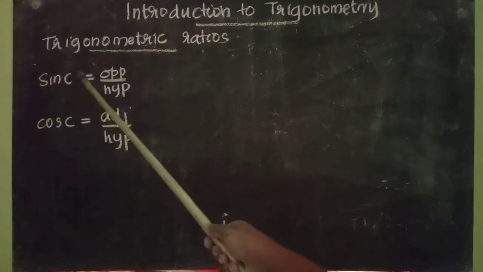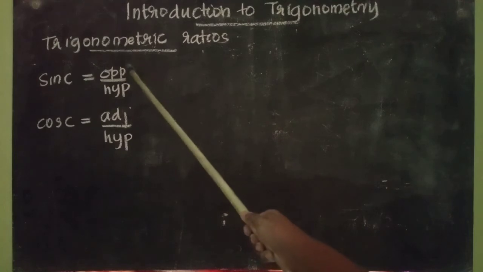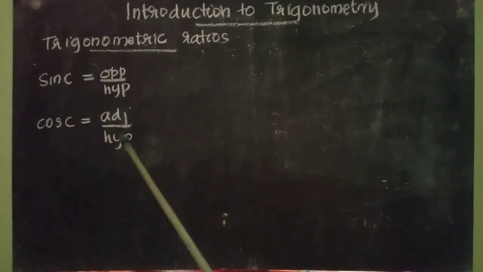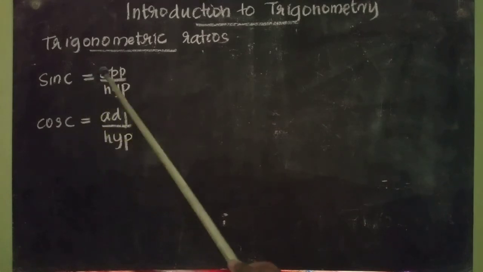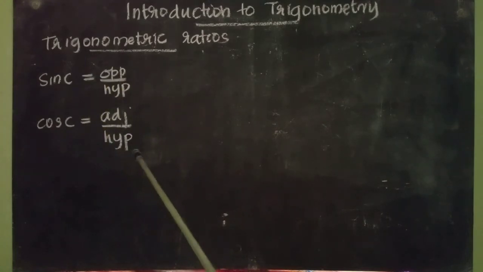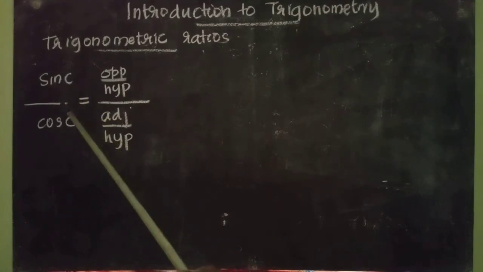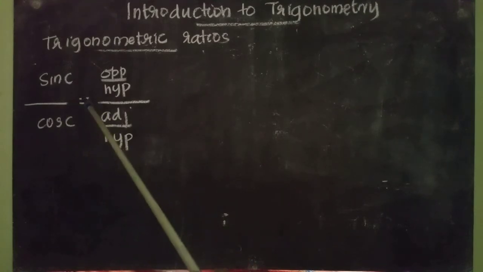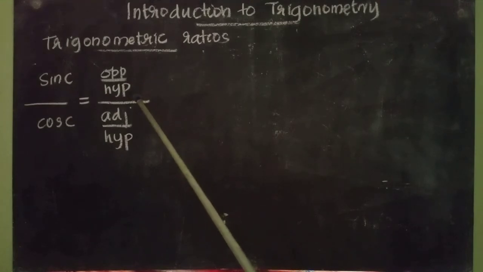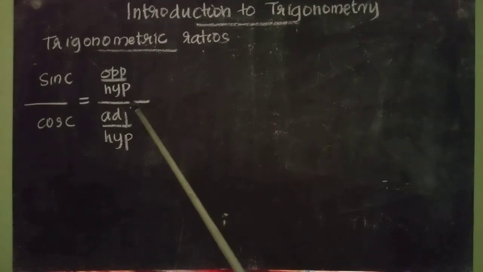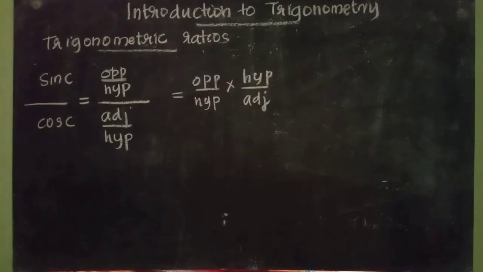Now you listen. We have sin C equal to opposite side by hypotenuse, cos C equal to adjacent side by hypotenuse. If we divide these two ratios, what will we get? Sin C divided by cos C equal to opposite by hypotenuse divided by adjacent by hypotenuse. That is equal to opposite side by hypotenuse into hypotenuse by adjacent side.